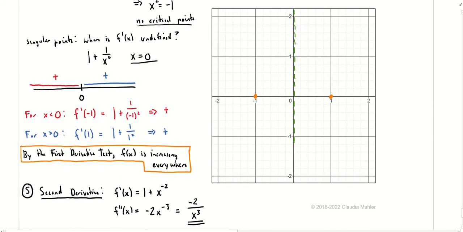So this vertical asymptote is the point where our function is undefined. And so what we're going to see with the other information in this plot is that our function is not going to cross this y-axis or this particular intercept.